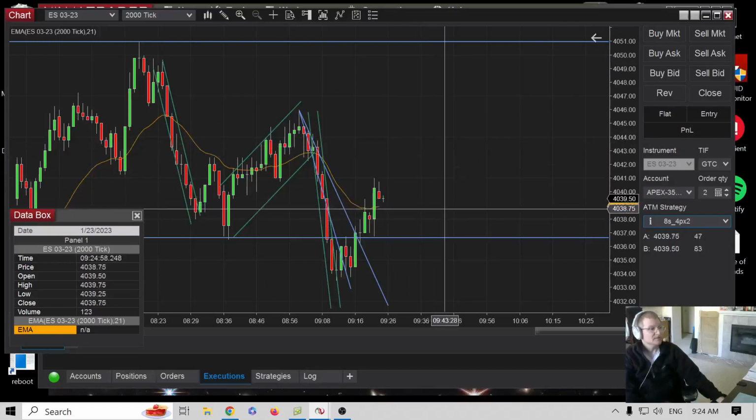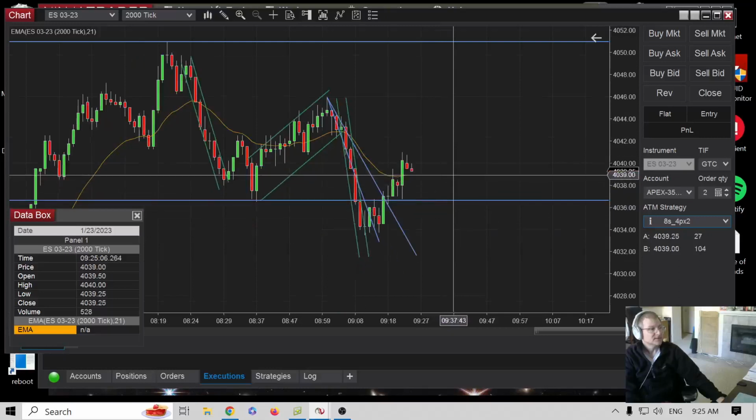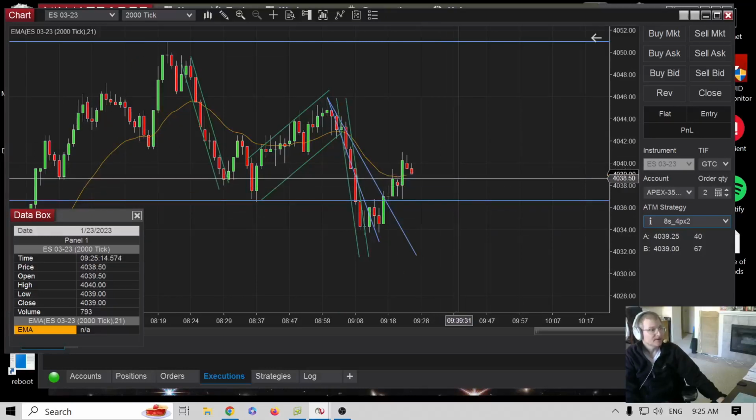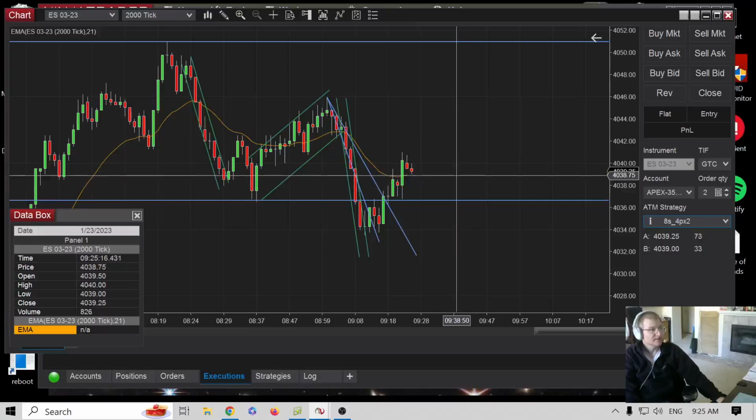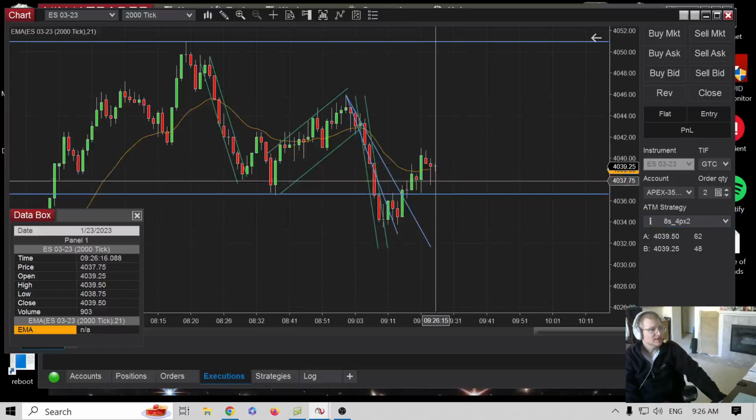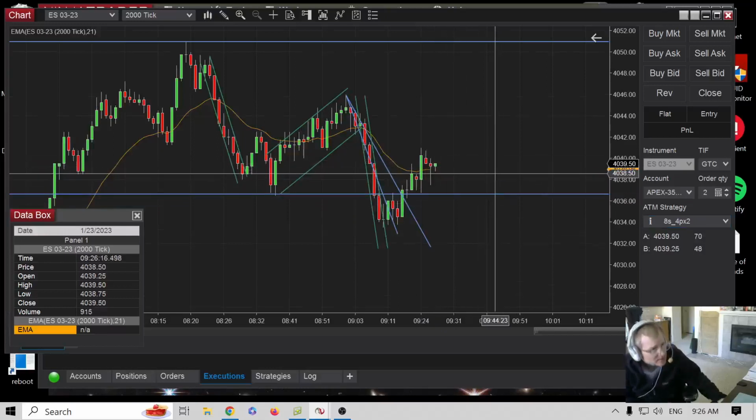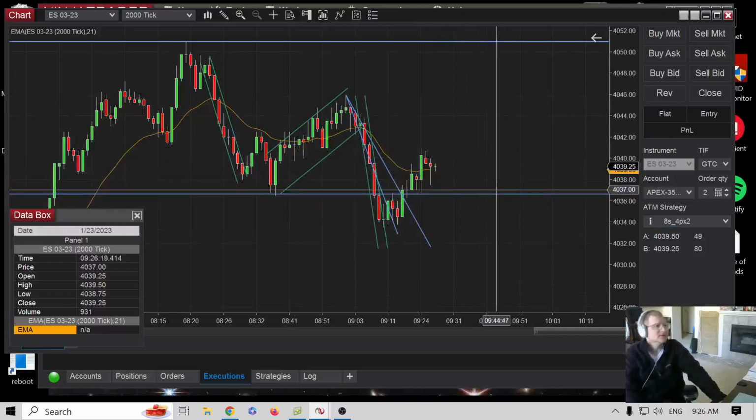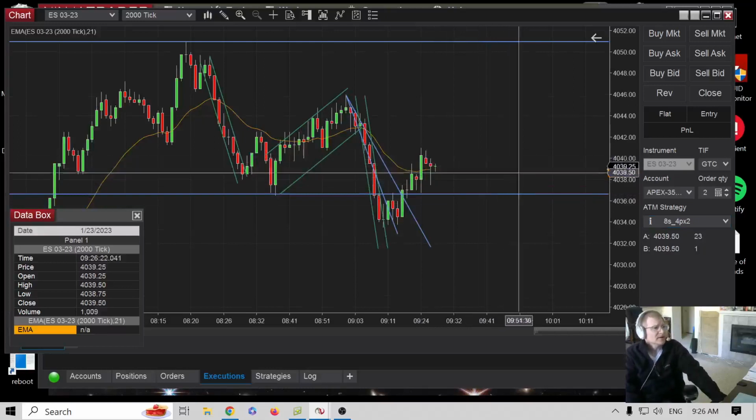So pull back to the EMA. Let's see where this goes. Things have picked up a little bit. Hitting the EMA right now. Look at that. That's a lollipop almost. I definitely bought that up.